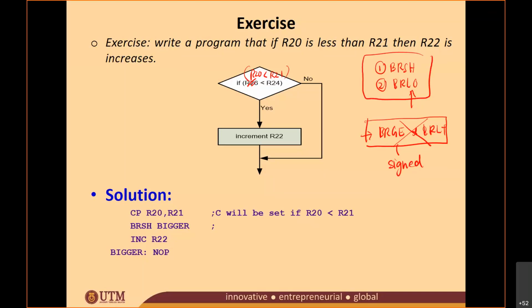Yes or no. For yes, if you're going to use this path here, what instruction are you going to use? This one here, BRLO. If not, this is BRSH. So if BRSH, this is the solution.